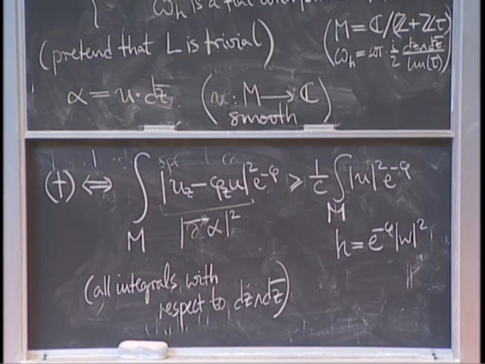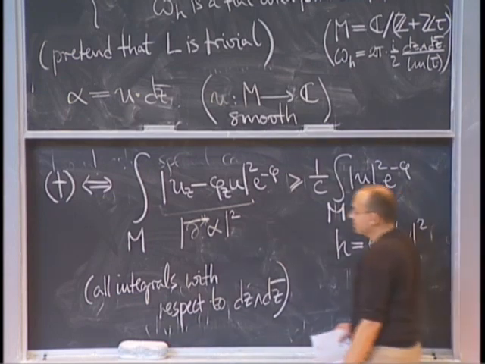And now this is just an inequality for two functions on the complex plane, phi and u. So how can you go about proving something like that?